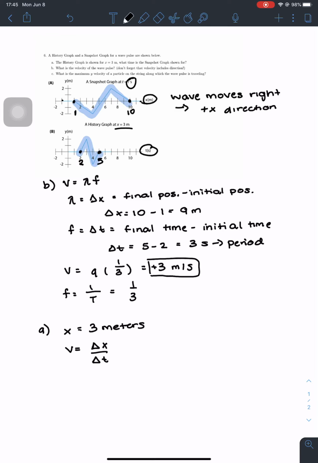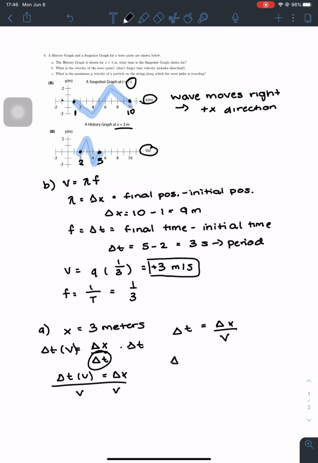So we know that we're not solving for velocity, we're actually solving for time. So we just have to rearrange it. And we get delta t times v equals delta x. We get delta t by itself by dividing by v. So our formula now is delta t equals delta x over v. Now we just plug everything together.